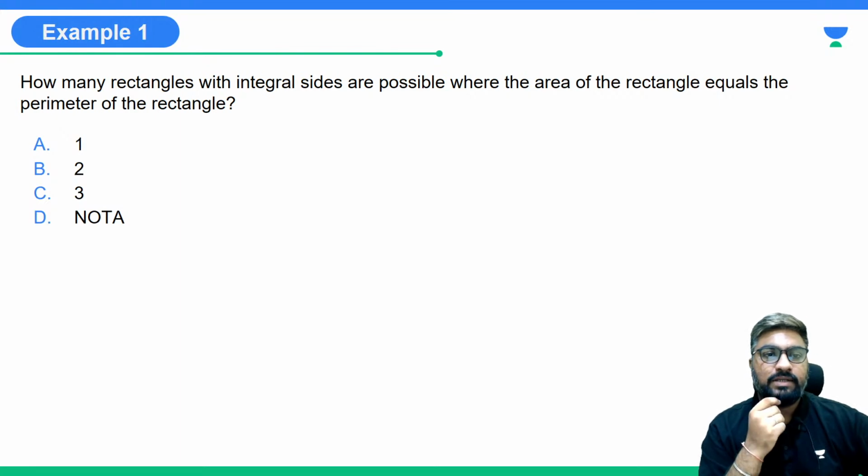I think we have done a similar question earlier. अपन ने एक similar question देखा हुआ है. How many rectangles with integral sides are possible where the area of the rectangle equals the perimeter of the rectangle?